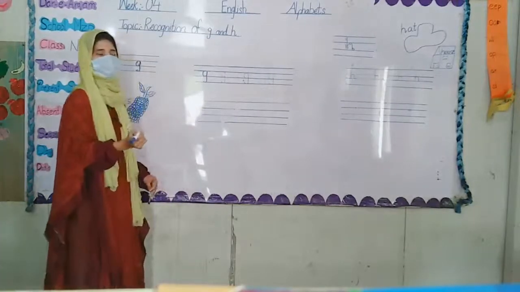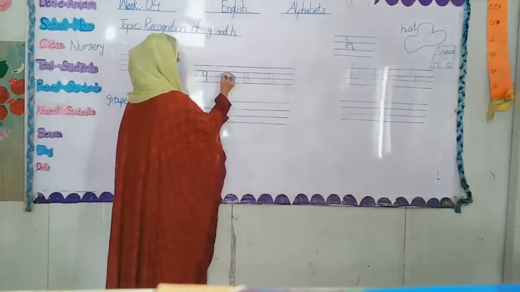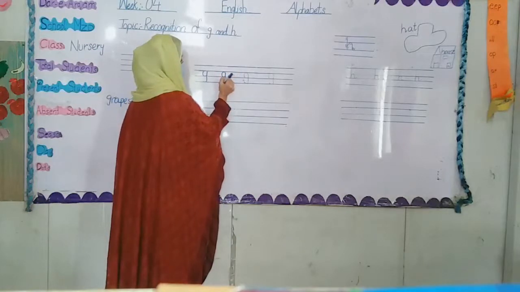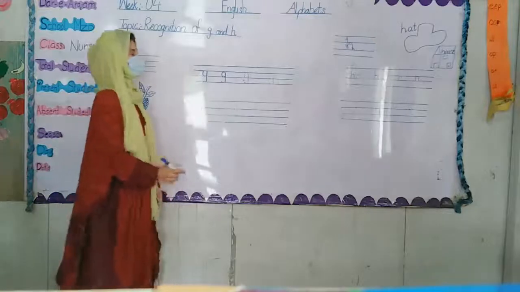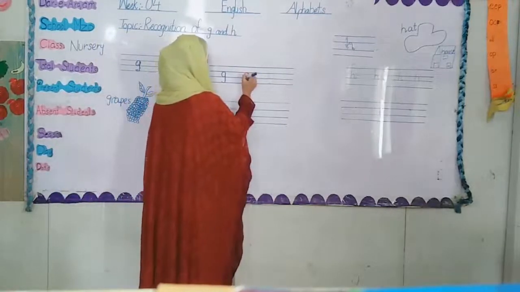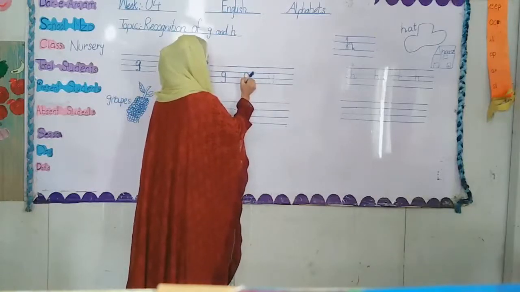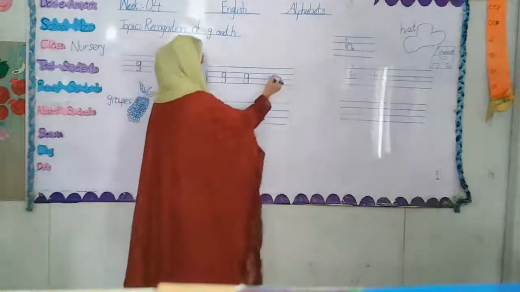It becomes G. Again, follow the dots and complete the alphabet G. Make a circle, move downward and then a little bit curve. It becomes G. Again, trace the alphabet G. Make a circle, move downward like this.